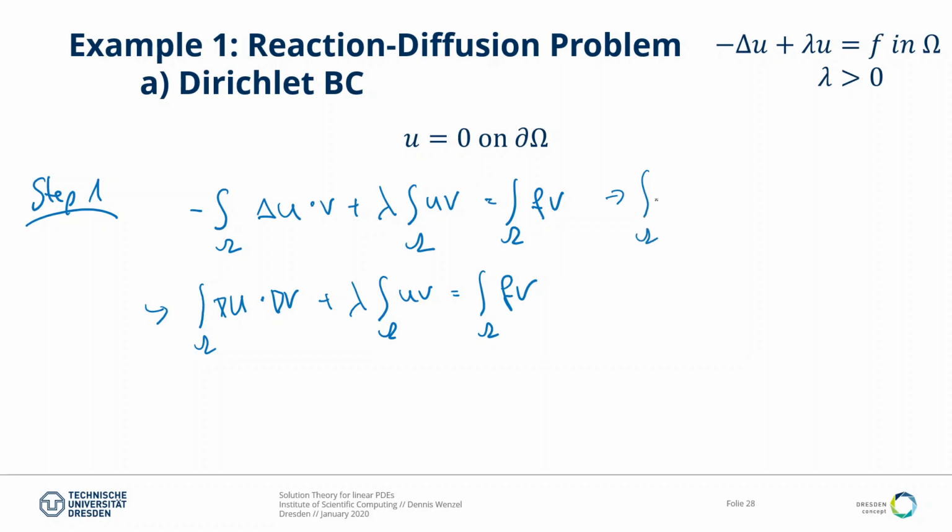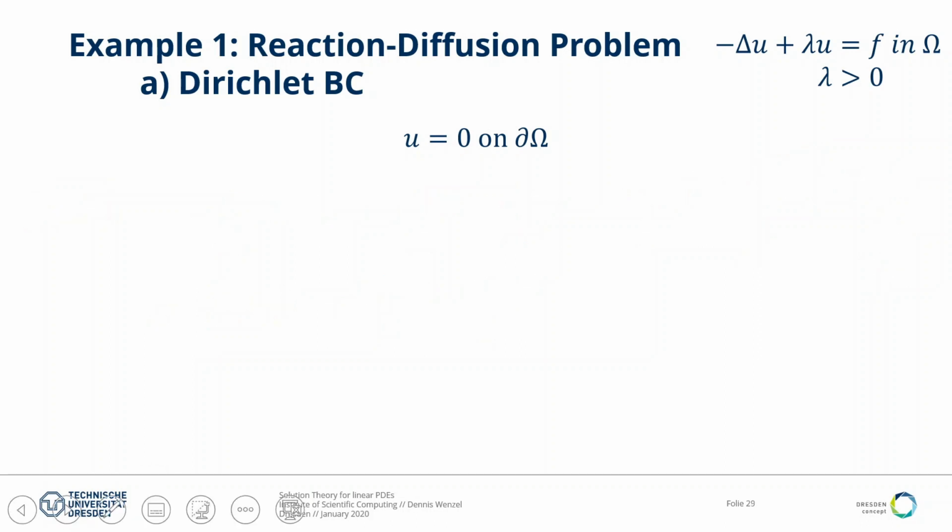So this is the integral over omega of gradient of u times gradient of v minus an integral over the boundary of omega of gradient of u in normal direction times v plus lambda times the integral over u times v equals the integral over f times v. And here this part is 0 because v is in H10, so this whole integral vanishes on the boundary.